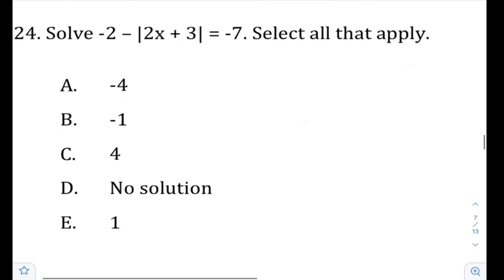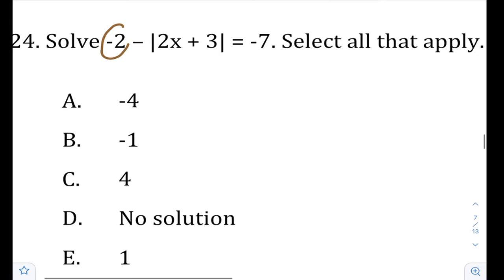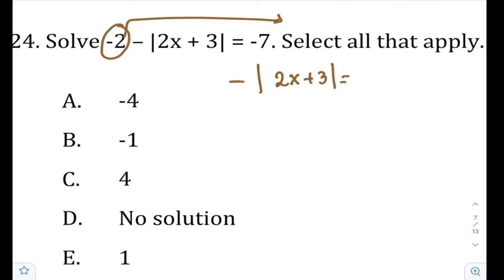Let's see here. We cannot decide whether it has two solutions, no solution, or whatever, if you don't isolate the absolute value. Let's do this procedure. So the minus 2, I'll take it to the other side. This is step 1. Minus 7 plus 2. So negative 2x plus 3 as absolute value is negative 5.